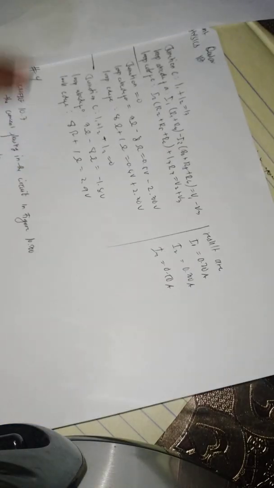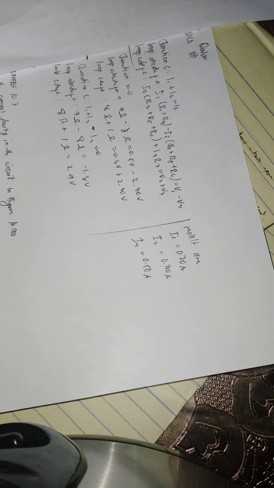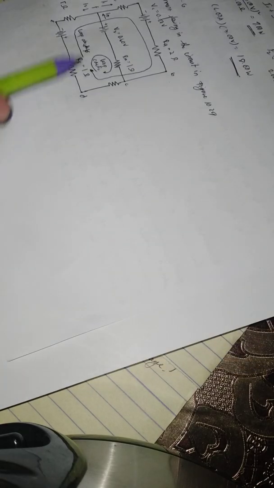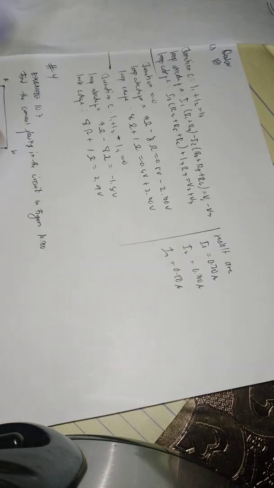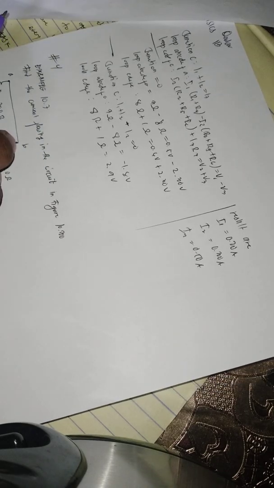We have V sub 1 minus V sub 3, and for loop C, D, E, F, C, we have V sub 2 plus V sub 3. Simplify the equations by placing the unknowns on one side of the equation.